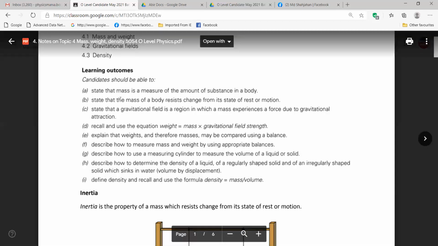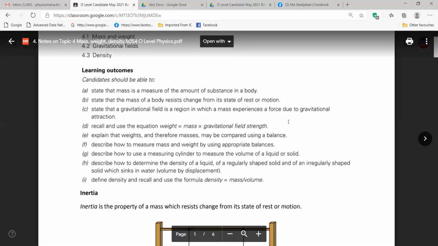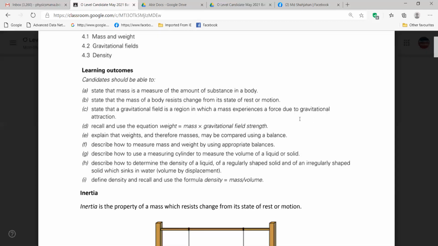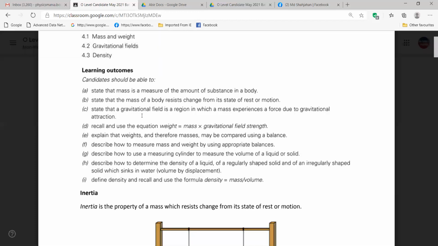So that range or that region where the force of attraction of any planet or satellite or any star is working, that region is called gravitational field. It's a region or a space where the gravitational attraction is working.